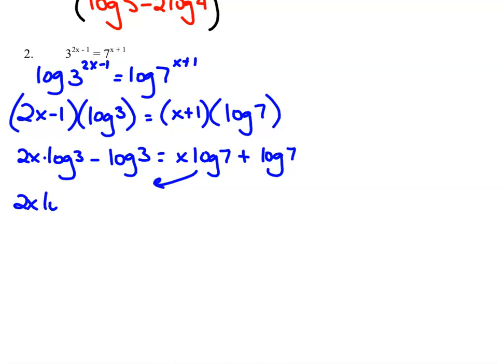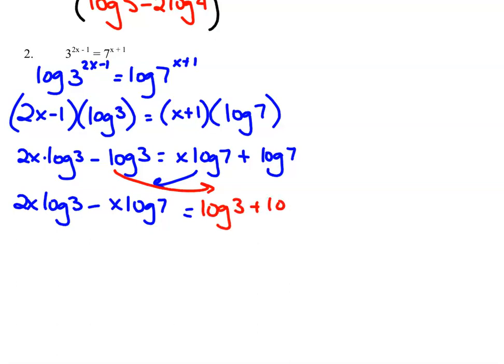So 2x log 3, I'm going to subtract that x log 7. This piece is going to get added over to that side since it doesn't have an x in it. And then we factor an x out. So x times 2 log 3 minus log 7.